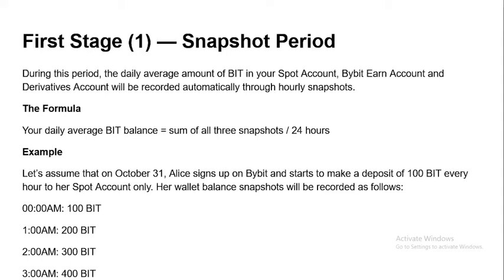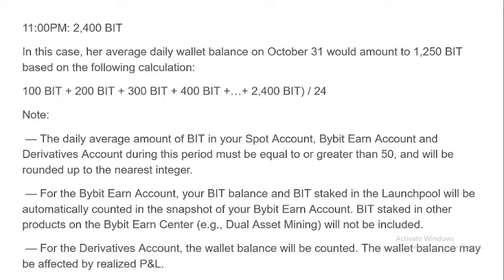Her wallet balance snapshots will be recorded as follows. 100 BIT at 12 a.m., 200 BIT at 1 a.m., 300 BIT at 2 a.m., 400 BIT at 3 a.m., and so on, up to 2400 BIT at 11 p.m. In this case, the average daily wallet balance on October 31st would amount to 1250 BIT, based on the following calculation: 100 BIT plus 200 BIT plus 300 BIT plus 400 BIT plus a couple of others, plus 2400 BIT, over 24.